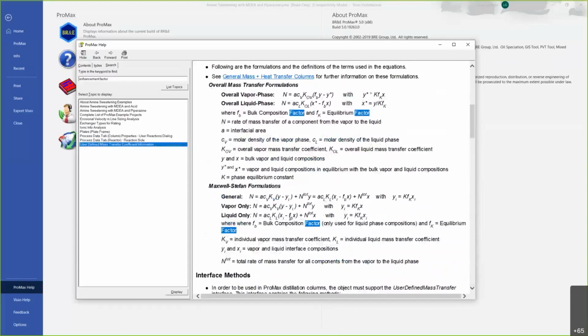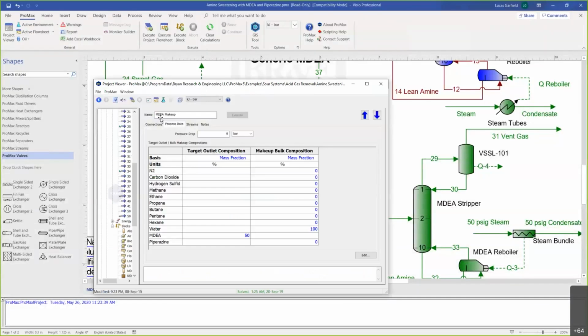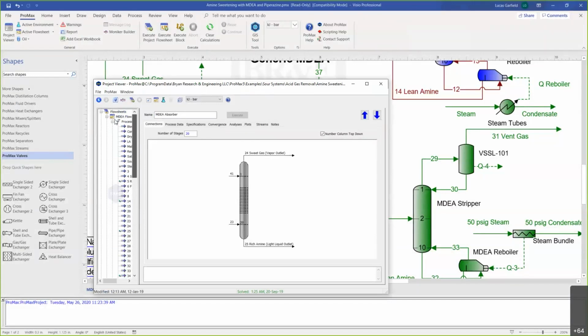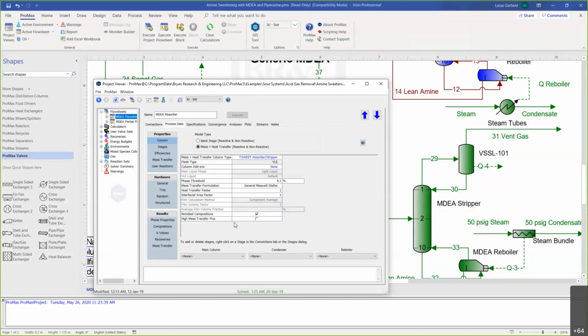Okay, so looks like I'm not finding too much information about how the enhancement factor is calculated. Let's open up the column. Yeah, in terms of that enhancement factor, I'm not sure.